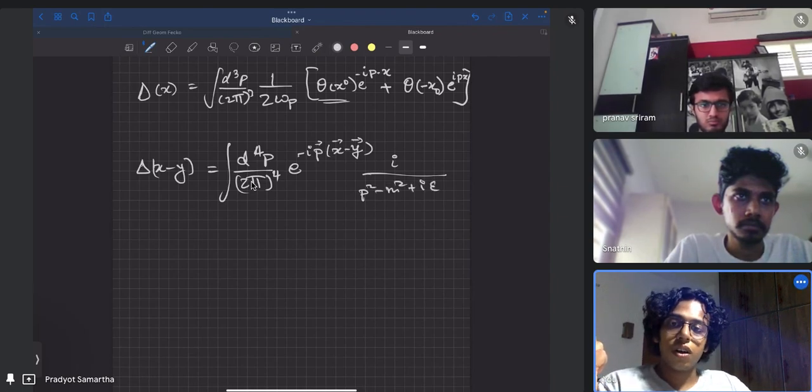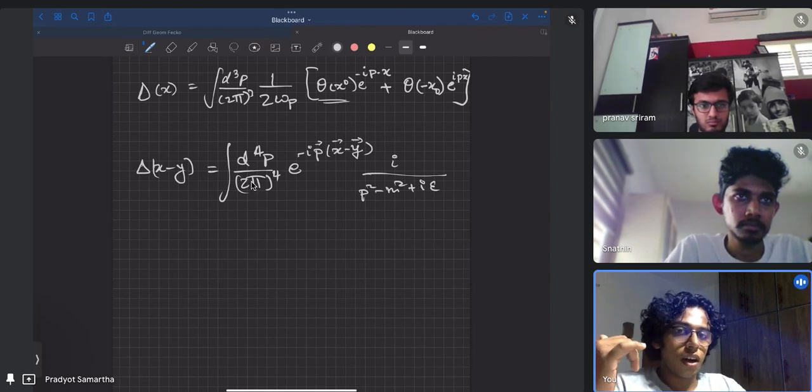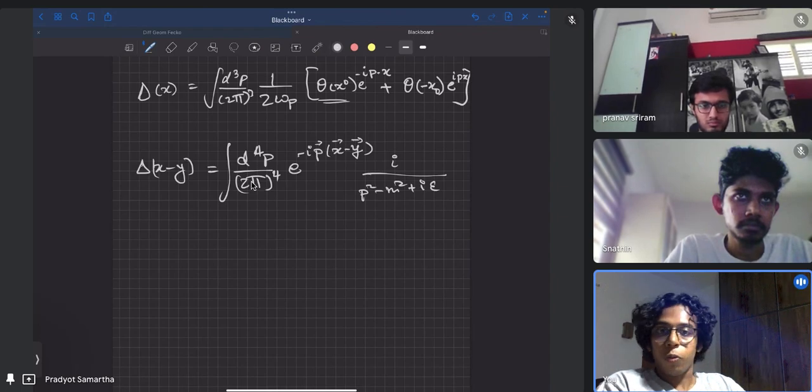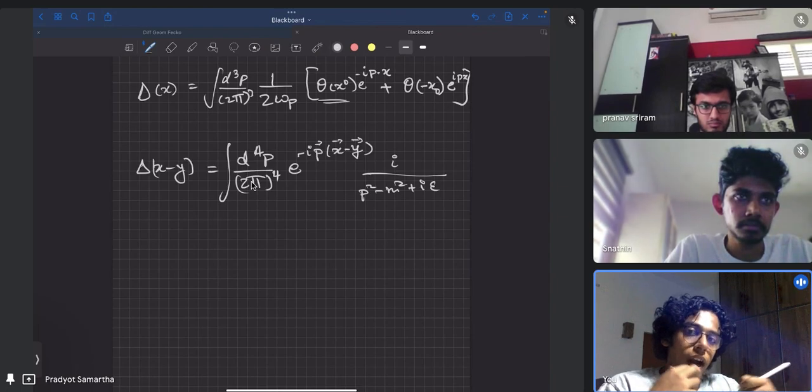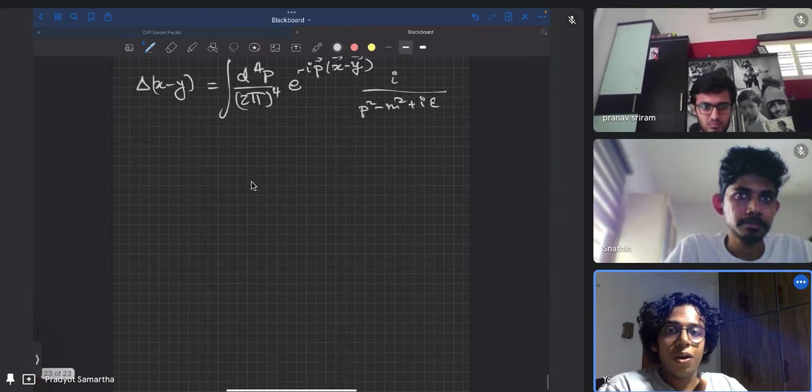This Feynman propagator was just proposed when QFT was being built, right? And what we had to do was prove that this is an extension of the three-dimensional case, or a part of the three-dimensional case.